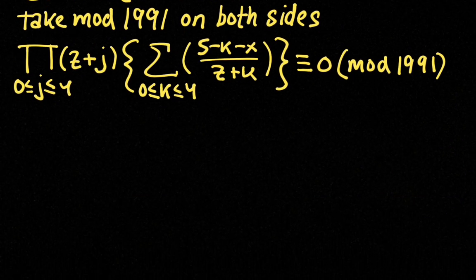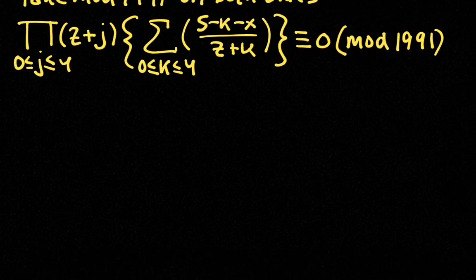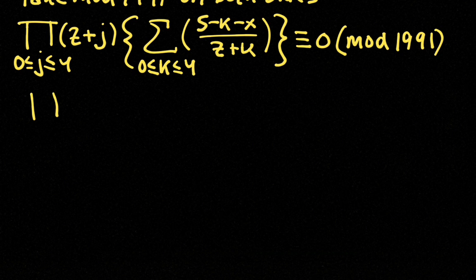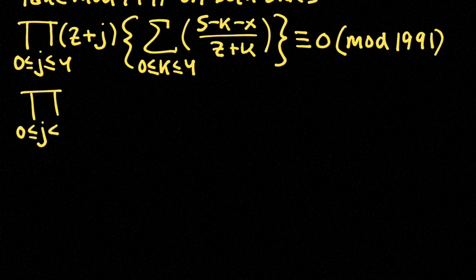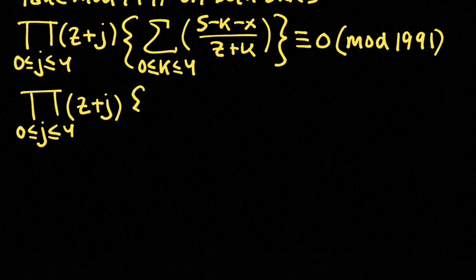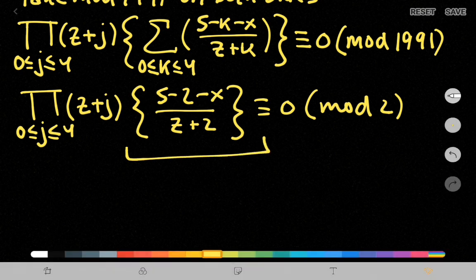Okay, so let's simplify this because this looks pretty ridiculous. Okay, let's simplify this thing. The sum over 0 ≤ j ≤ 4 of (z + j) times (5 − 2 − x)/(z + 2). We are left with this term only because everything else in the summation is congruent to 0.